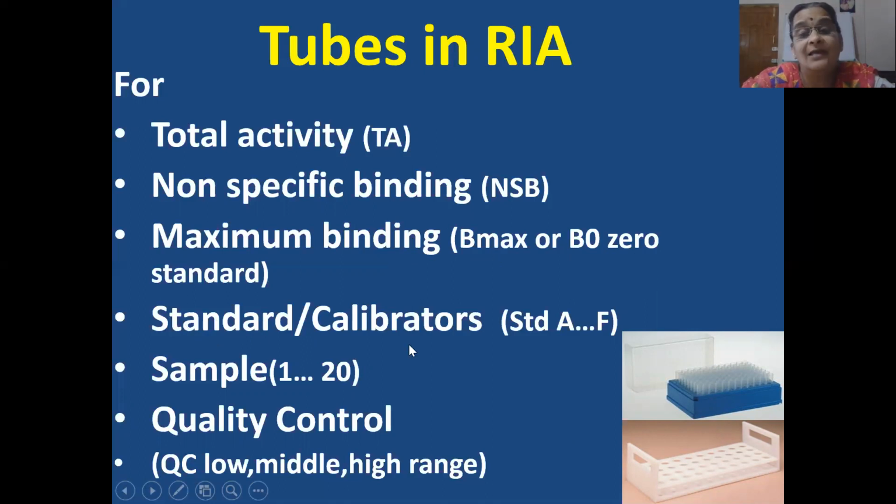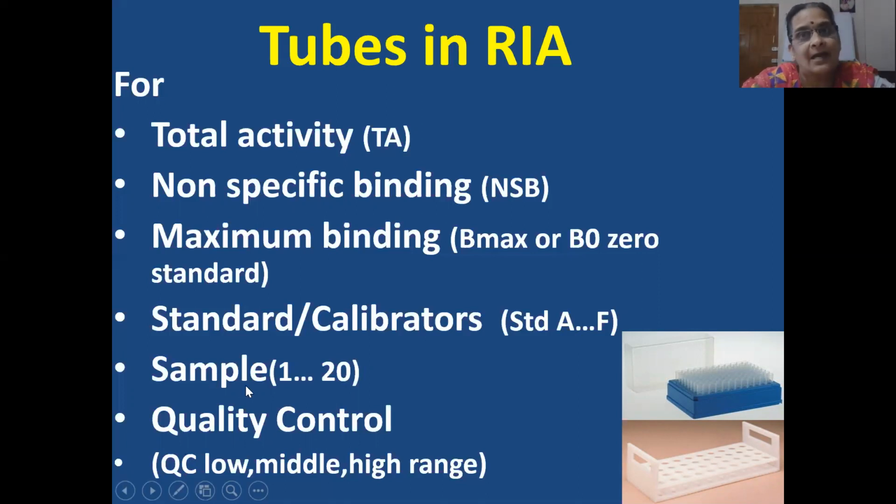Then the standards or calibrators, standard A to F, are the different aliquots of known concentrations of the unlabeled antigens.